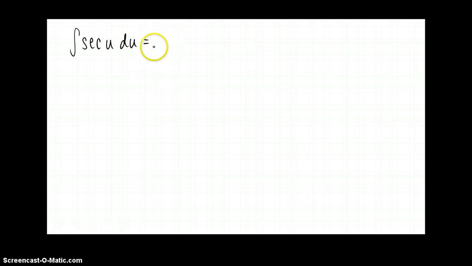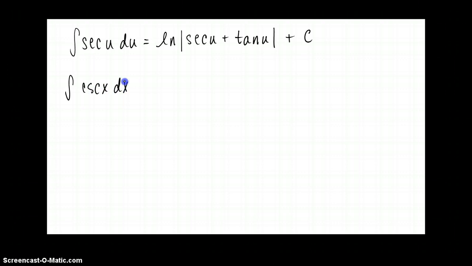Antiderivative of secant is the natural log of the absolute value secant of u plus tan of u plus c, because it's indefinite. And the antiderivative of cosecant of x dx is negative ln cosecant, let's make these u's.